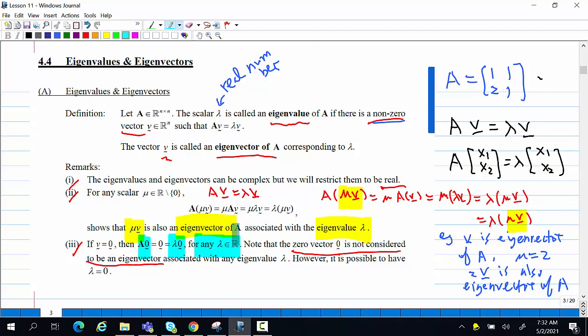So we look for a non-zero vector. However, it is possible to have lambda equal to 0, although V cannot be 0. Lambda can be 0. So this is the first introduction of eigenvalue.